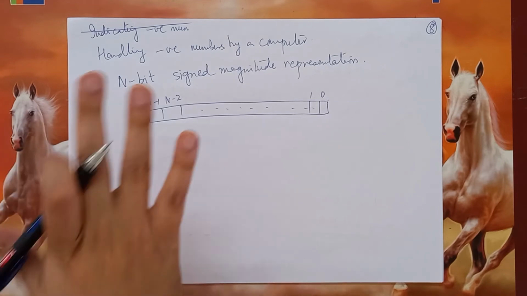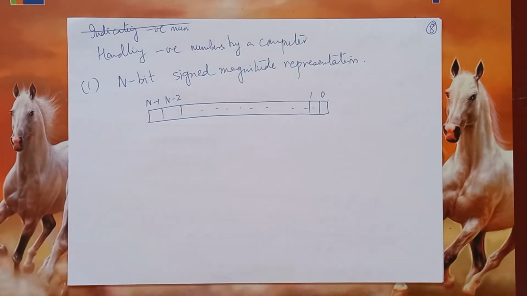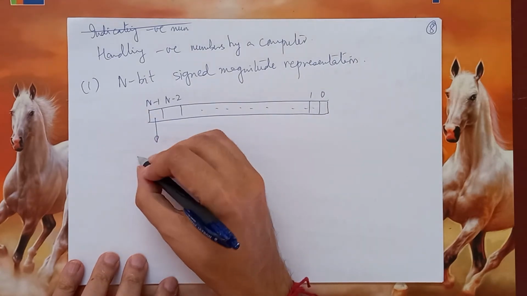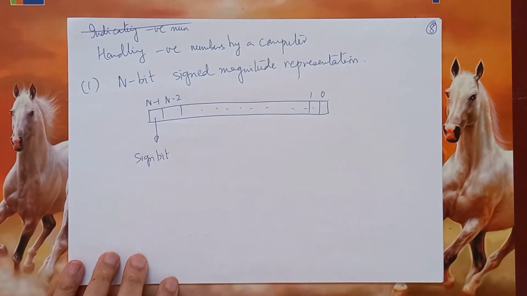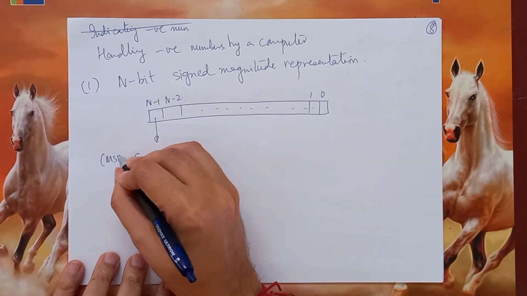Now, in the case of the signed magnitude representation, the MSB, that is the n minus 1th bit, is called the sign bit. This is the MSB, or the most significant bit.